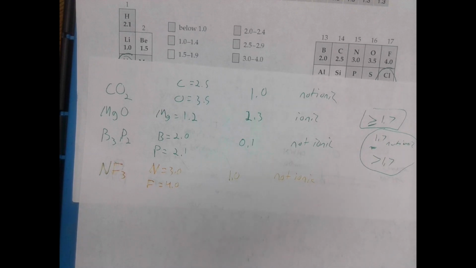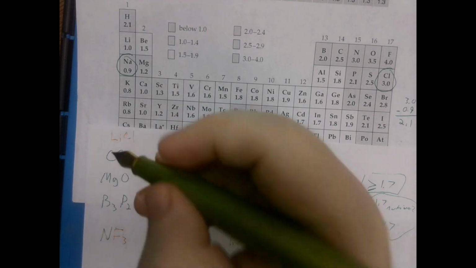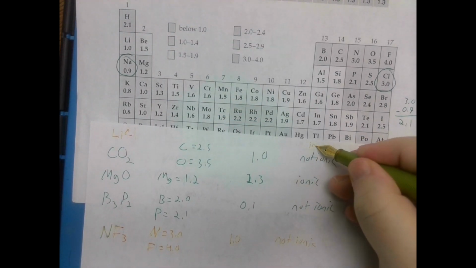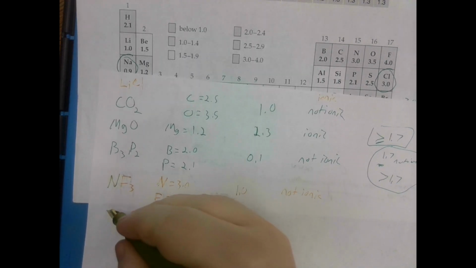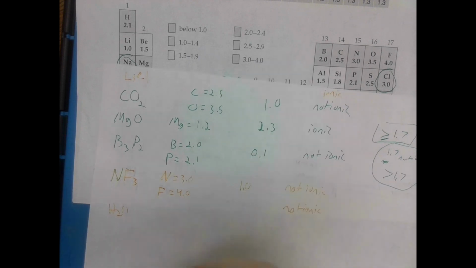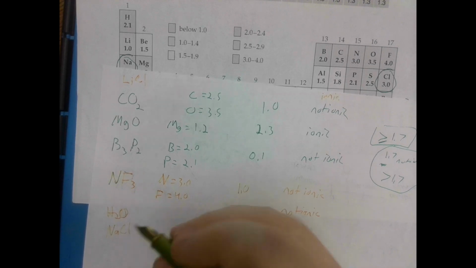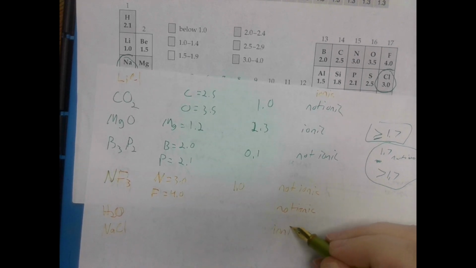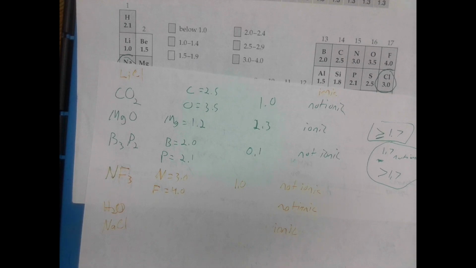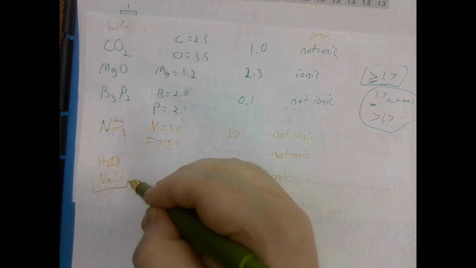So let's look at the ionic ones. So we also had up here lithium chloride. That was ionic. We saw H2O is not ionic. We saw NaCl is ionic. What do all the ionic ones have? So this one is ionic.